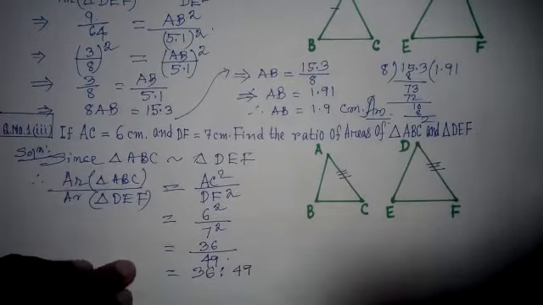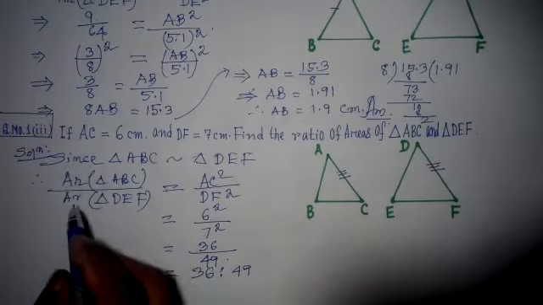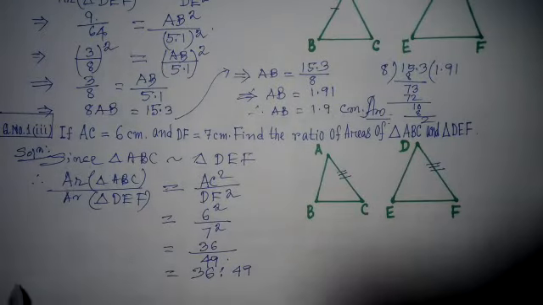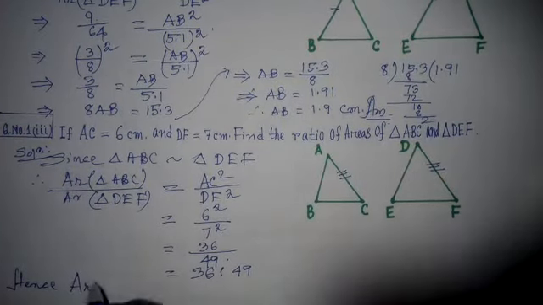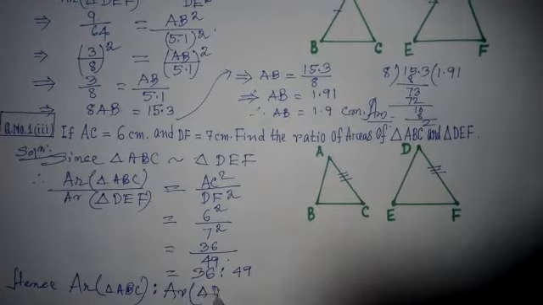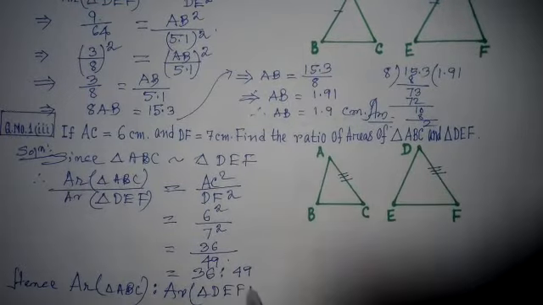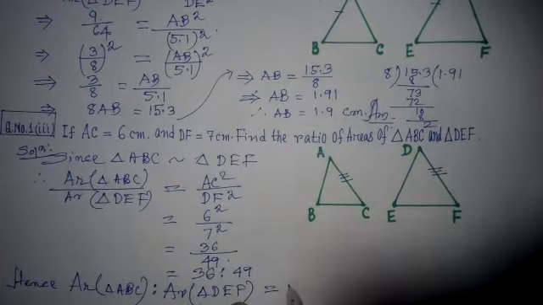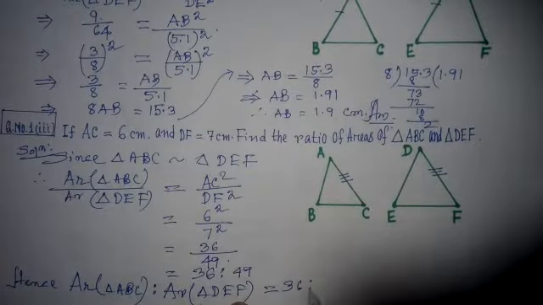So we can write the answer. Hence area of triangle ABC ratio area of triangle DEF is equal to 36 is to 49.